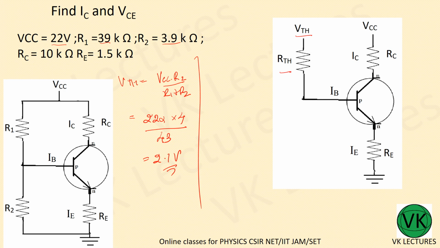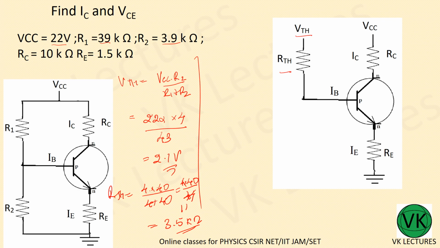Now we got VTH. Now what is RTH? RTH is equal to R1 parallel R2, that is 3.9 and 39. You can take 4 and 40, so 4 into 40 divided by 44, so this value is around 3.5 kilo ohm, because all are in kilo ohm.